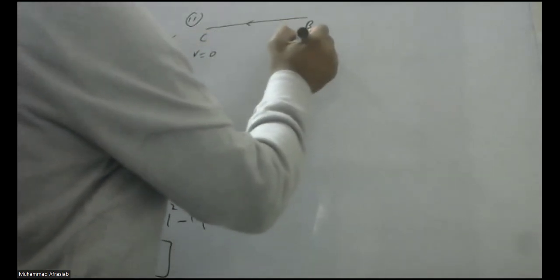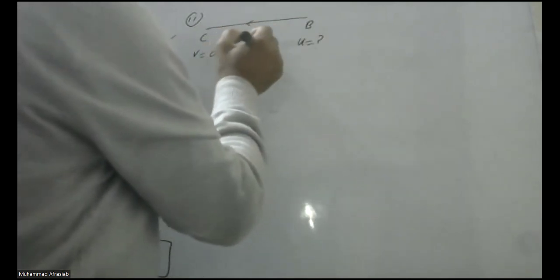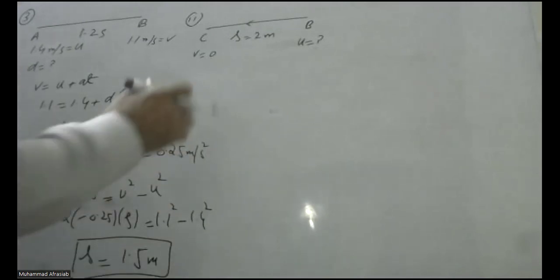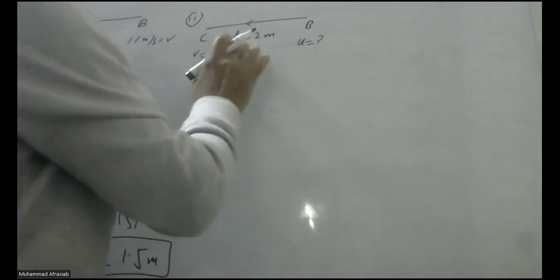We don't know the speed at B. The distance between B and C is 2 meters. So u is unknown, v is known, and distance is known.